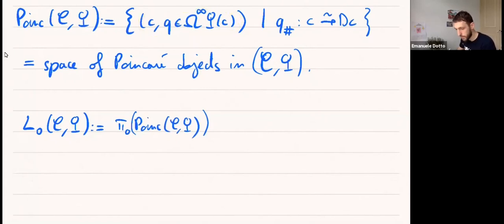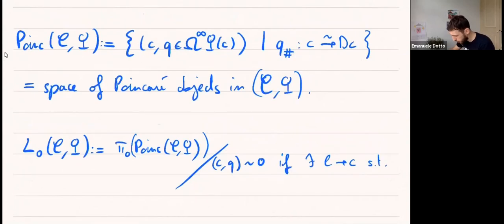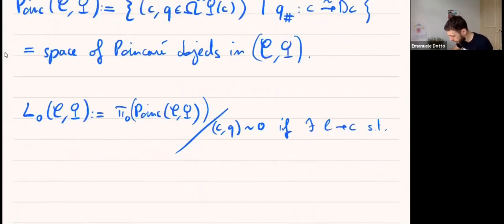And then we want to mod out by Lagrangians. So here's the relation. We identify a pair C,Q with 0 precisely if, and now I'm going to try to copy the notion of Lagrangian I had before, there is a morphism in C, L to C, such that, Q is a contravariant functor.